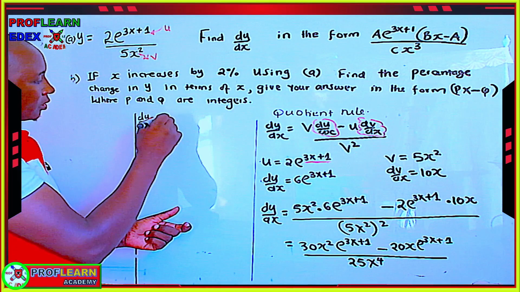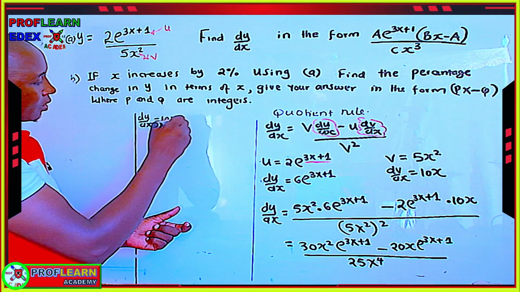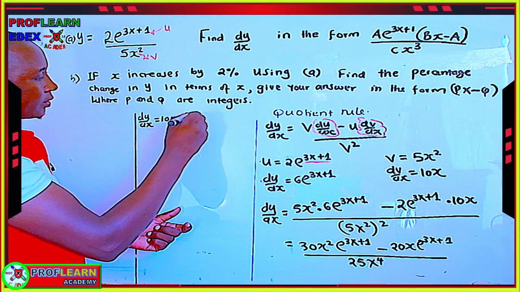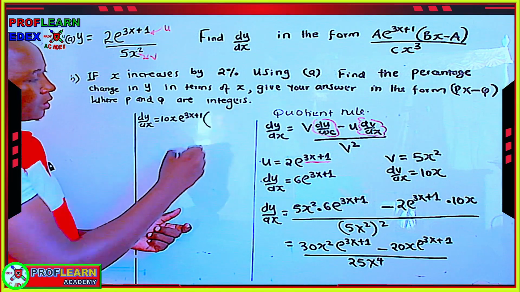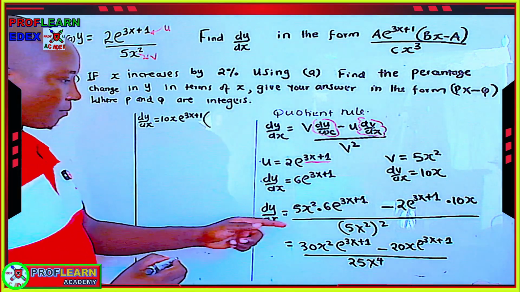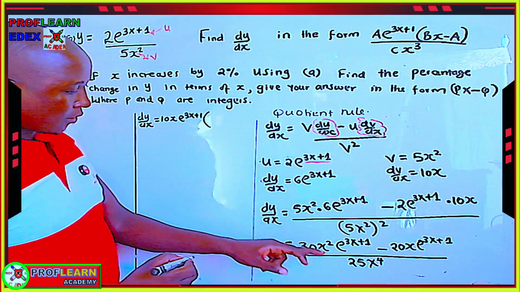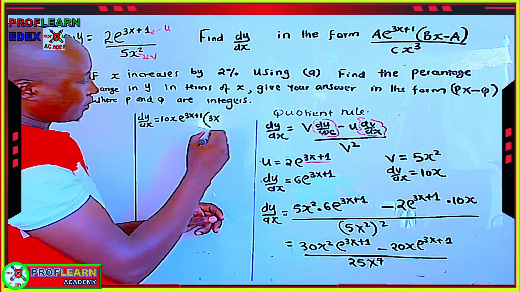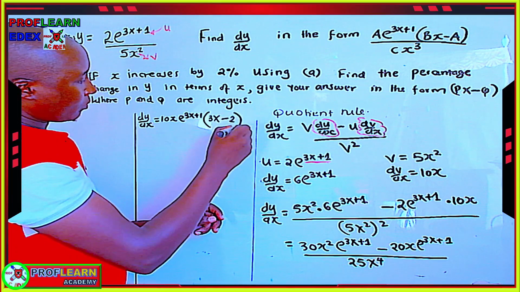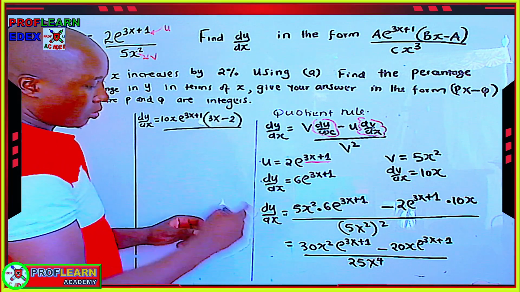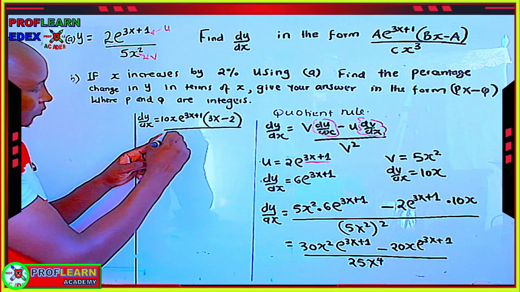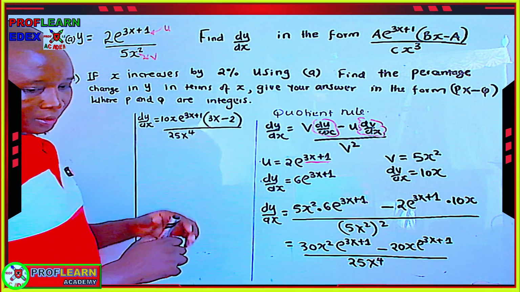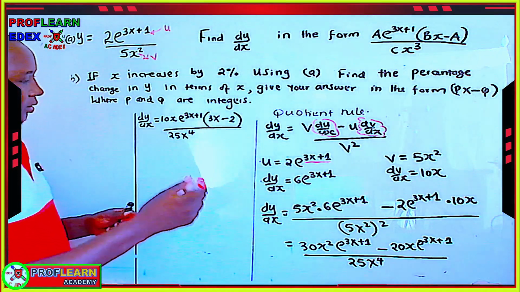So this is going to be 10x e^(3x+1). In the bracket, because we have factored 10 out, we are going to remain with 3x minus 2. Then down here, we are going to have 25x to the power 4.